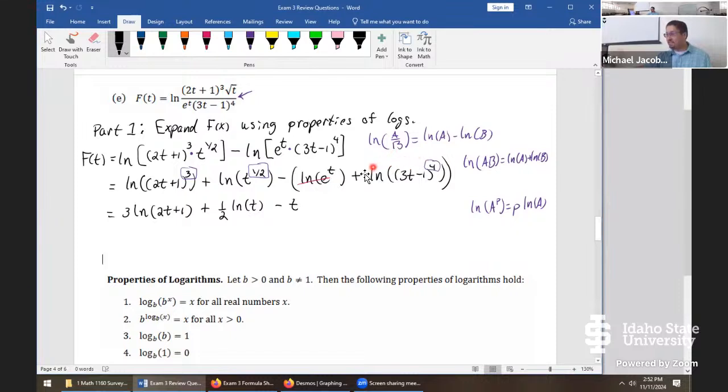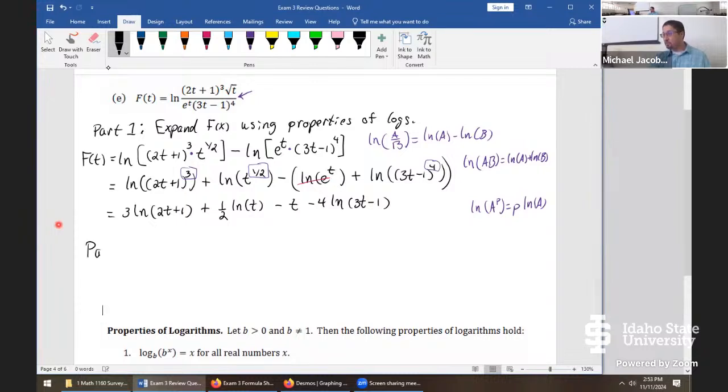Here, 4 comes down. The negative sign distributes in, so now it's a minus 4 natural log 3t minus 1. This is as far as it can fully expand because pluses and minuses inside your logarithm function have no properties that we can use to expand these even further. But that's okay. This is finally a function that's not too bad to differentiate.